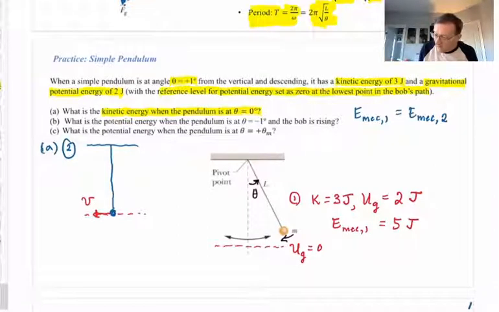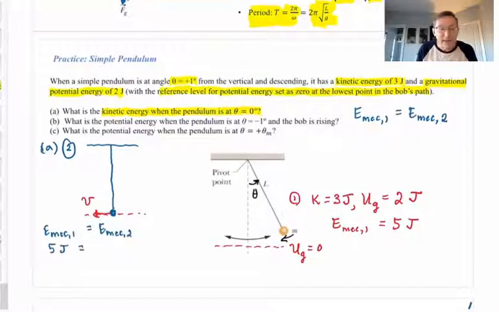Well, I know E mech 1 must equal E mech 2. But E mech 1 is 5 joules. Now what about E mech 2? Well, in general, that's K plus U grav. But if I'm here at picture 2, note the U grav is 0, right?